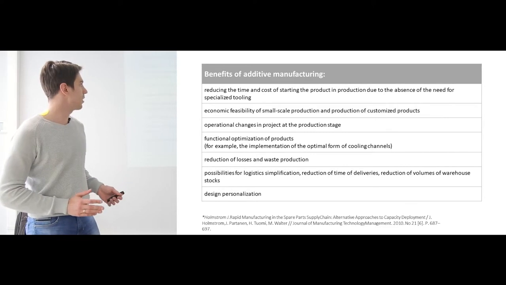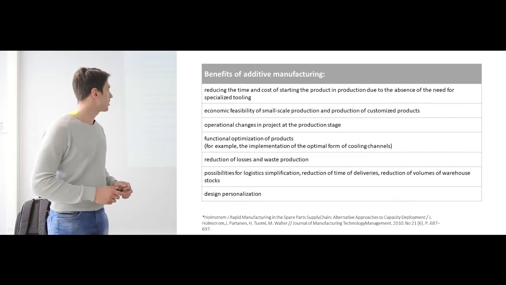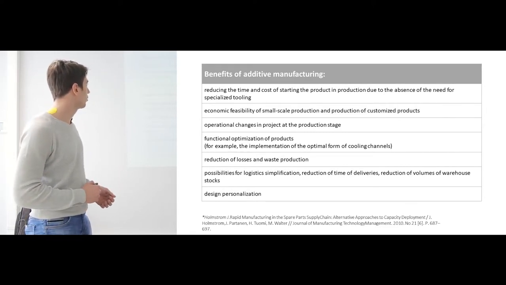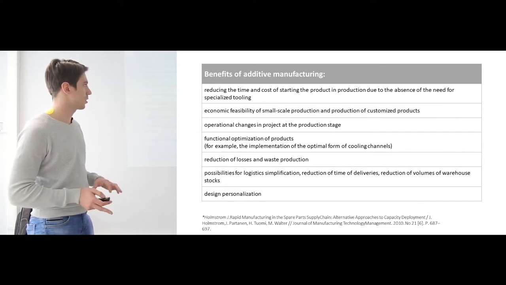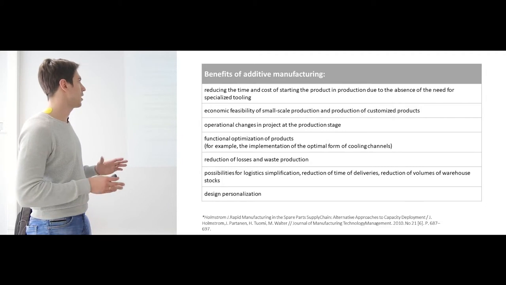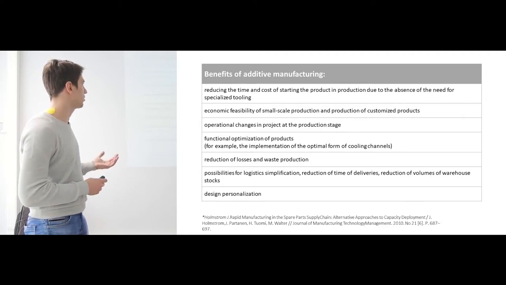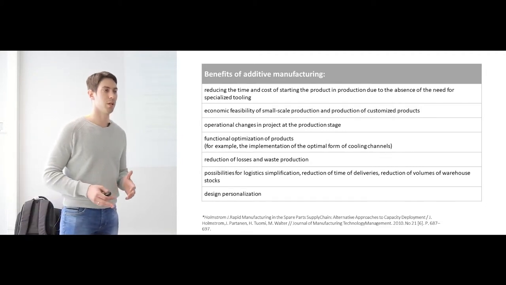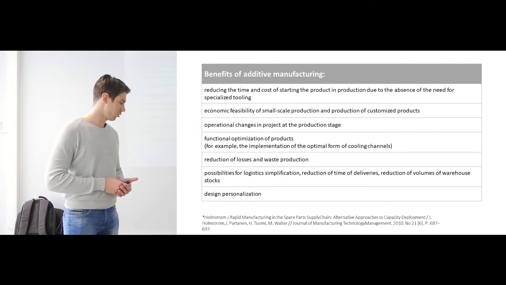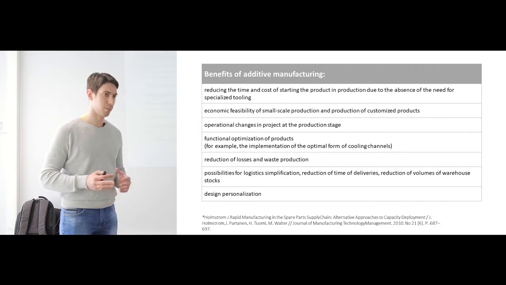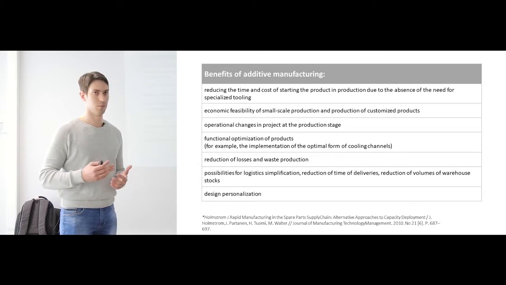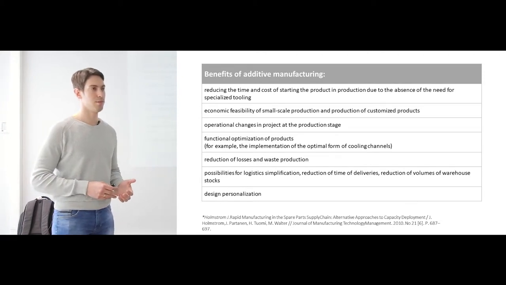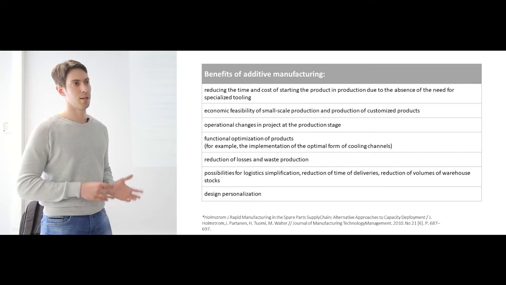So let's consider some benefits. Once again, the benefit of additive manufacturing is the reduction of time and cost of starting the product in the production line due to the absence of the need for specialized tooling. What does that mean? When you want to create, for example, a plastic form, if you use the traditional methods, you have to make the master form and then you have to mold it.